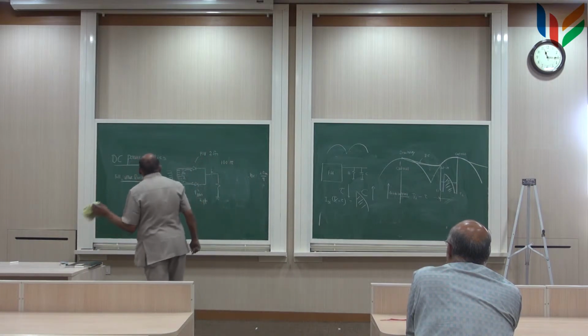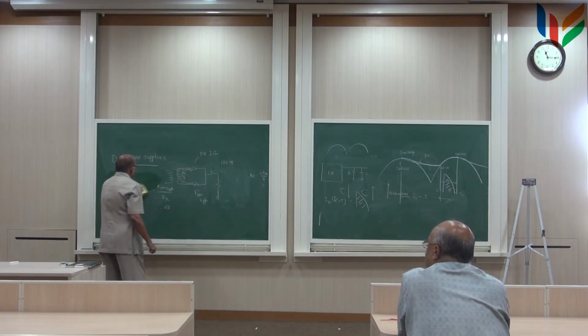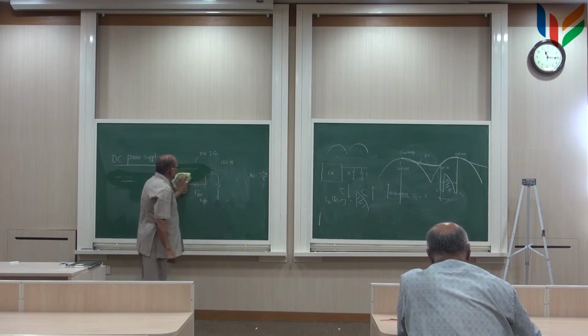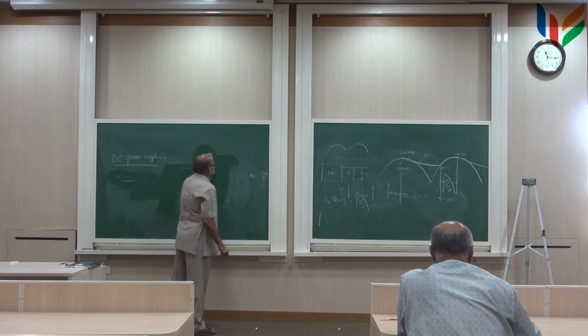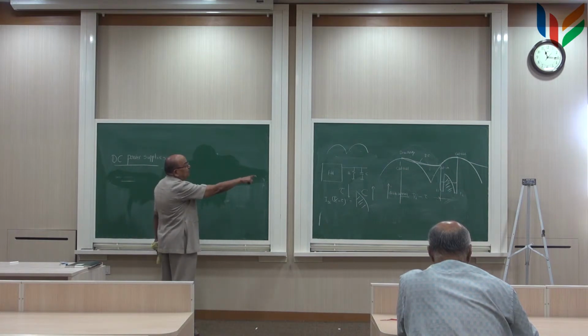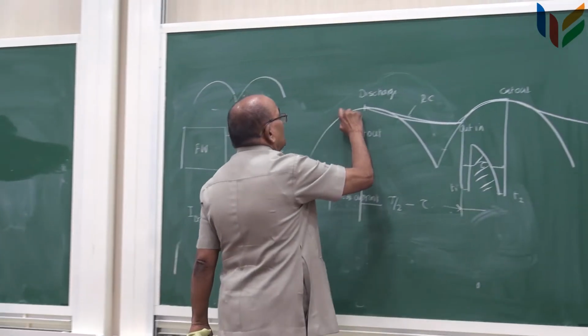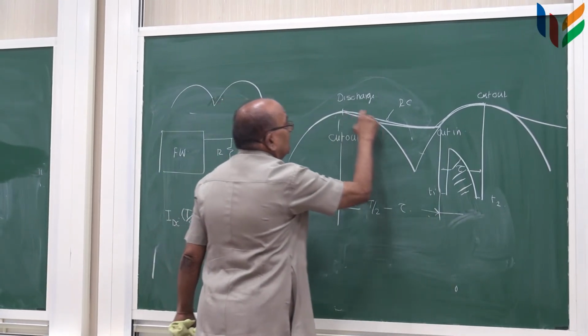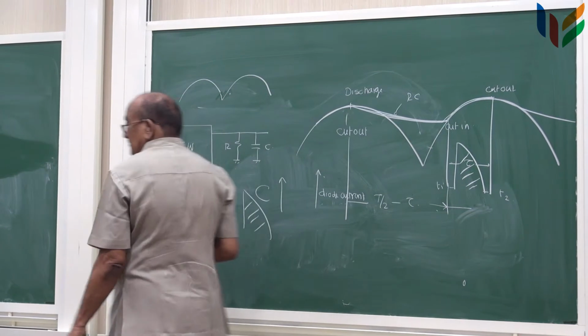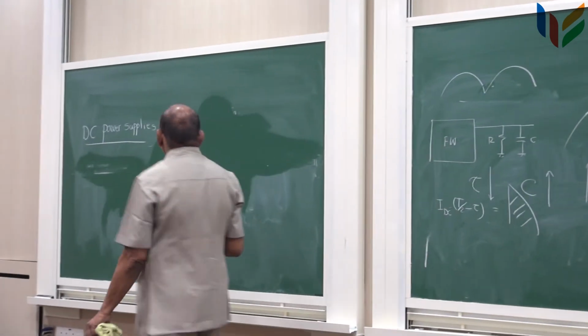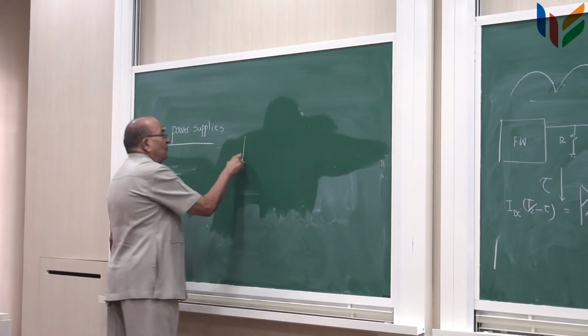In a very simplified model for the ripple, what people do is that waveform, which is something like this, is approximated by a waveform like this.